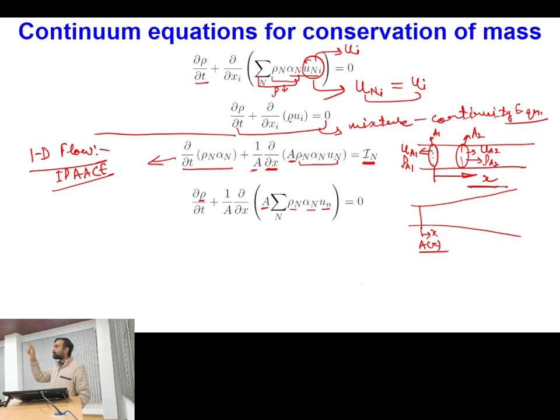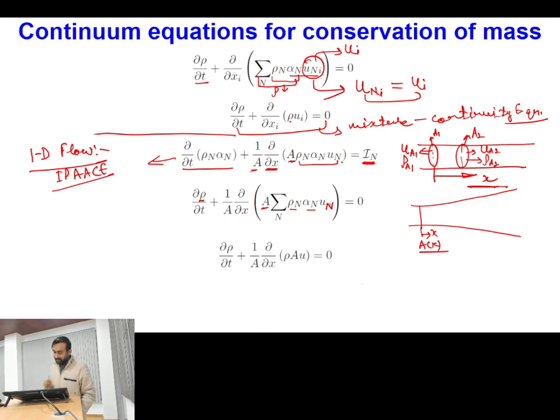In that particular cross section, whatever number of phases are present, we are trying to account for their average property. So that's why I am writing area outside of the summation sign whenever I am summing over the number of phases. Is this point clear? In a similar way we have written the equation, and here you can see there is one typo. This should be capital N, because we are using capital N for the number of phases, so this should be capital N here as well.